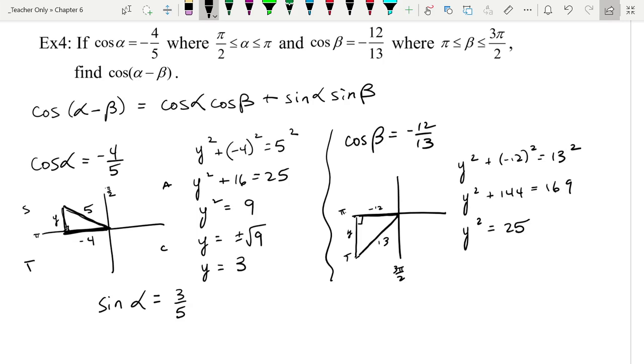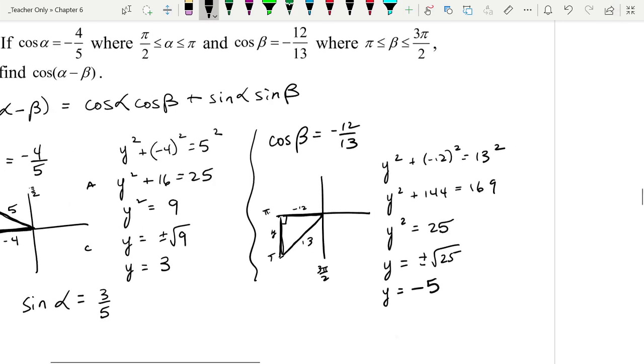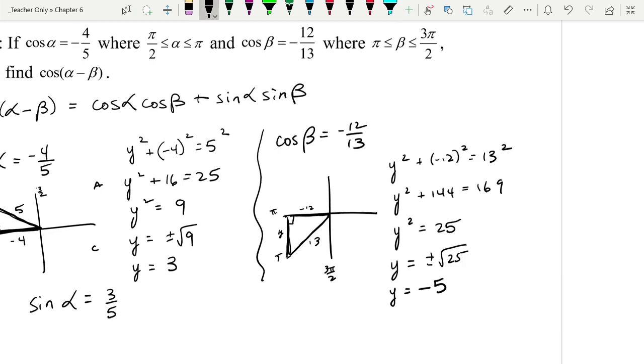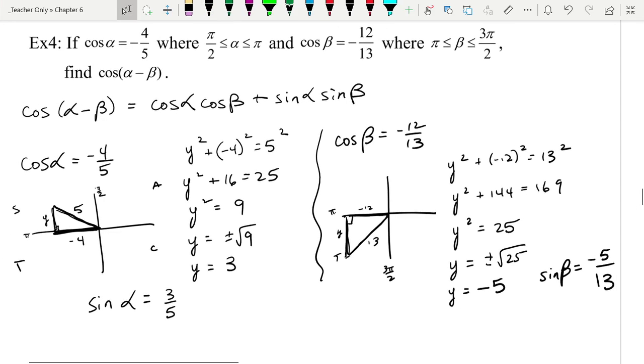And once again, plus or minus, but I know that y in this quadrant is negative. So my sine value here is negative 5 over 13. Any questions on how I got that far?